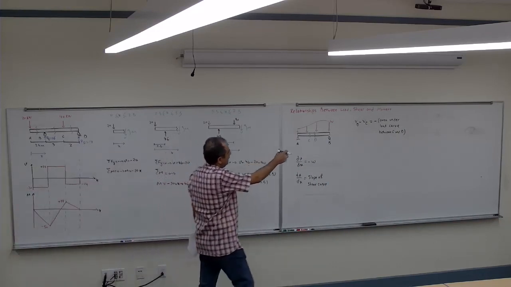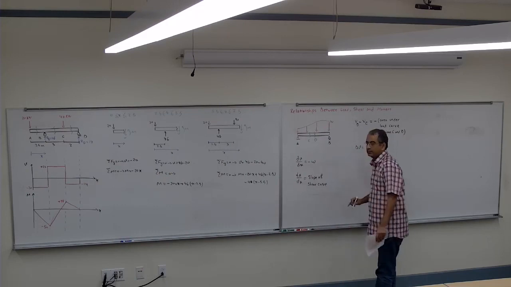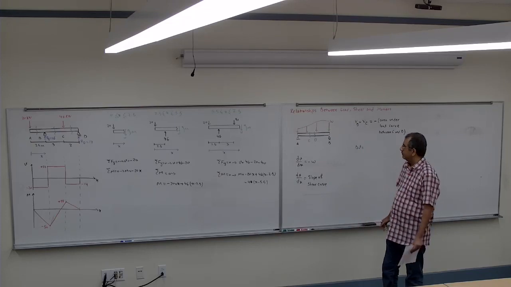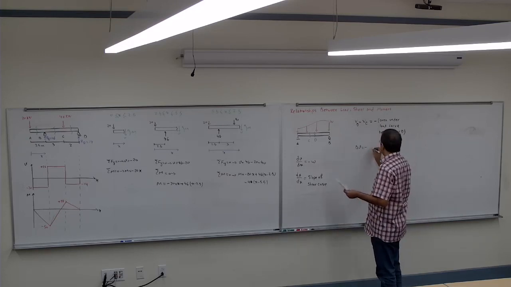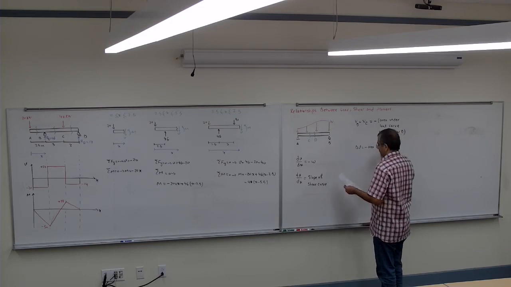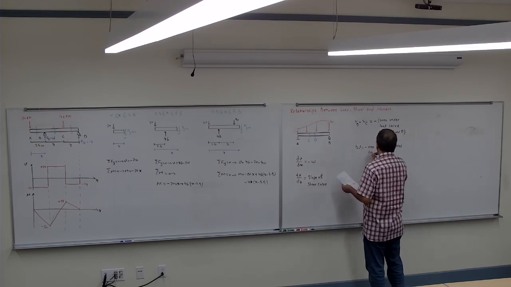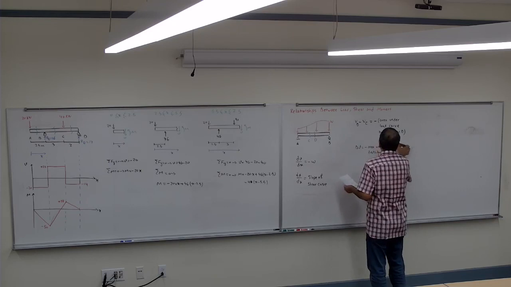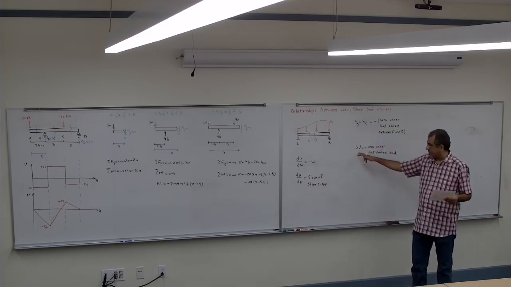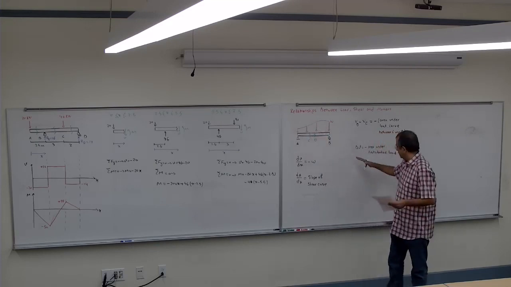If I want to write that in a very simple way, it tells me the delta V, from C to D, is the negative of the area under the distributed load. So the change in the shear is equal to the negative area under the load, and this is going to make your life really easy.